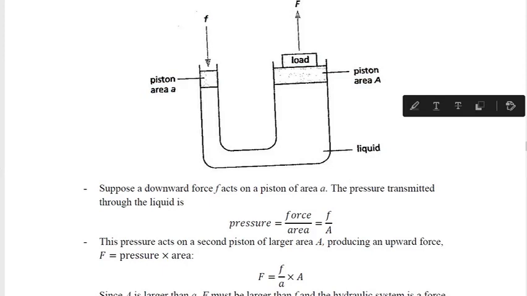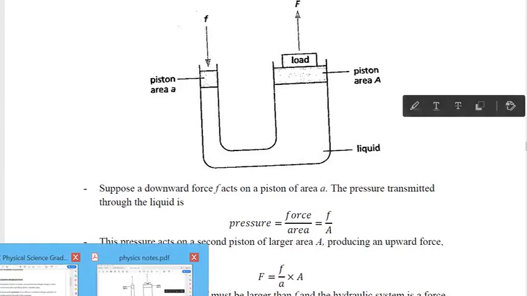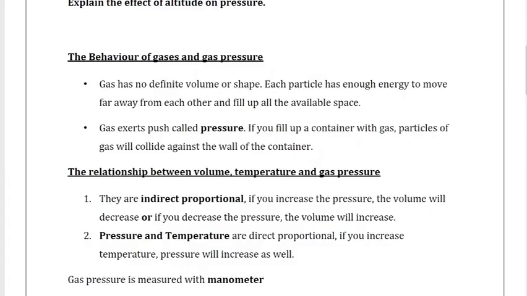But observe that the volume, the space, because as we move down, this is almost like a stopper, like a cork. As you move it down, you reduce the space inside of this container, which means that you reduce the volume. So it therefore applies that when you increase the pressure, you reduce the volume.